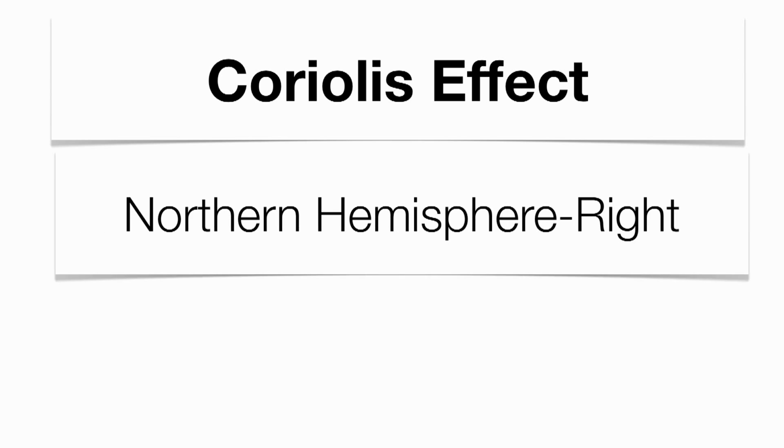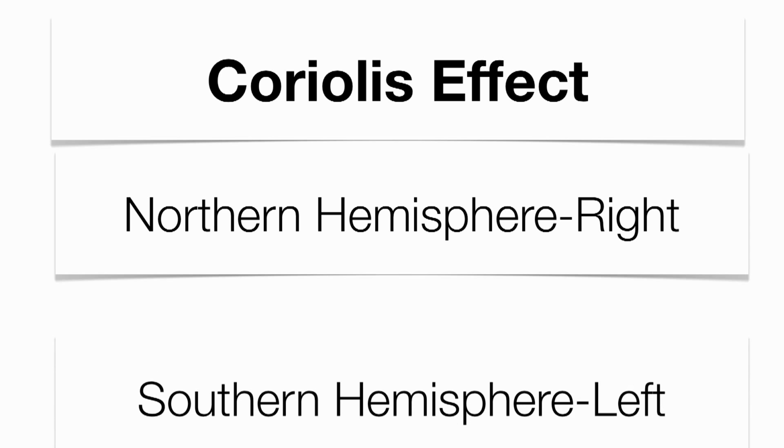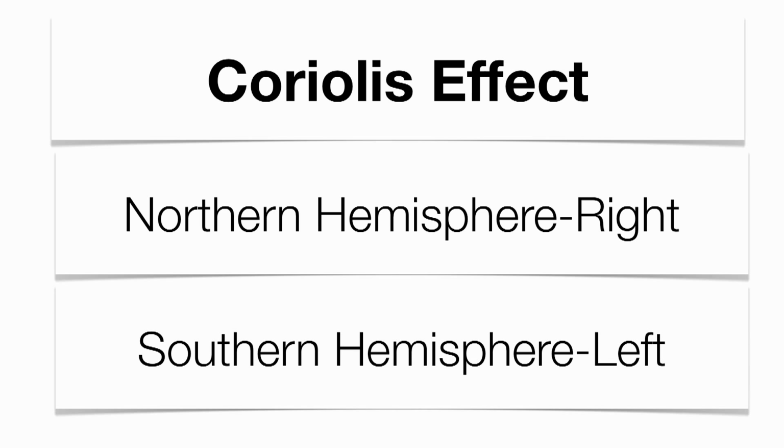Now, the Coriolis effect is important. It was named after Gaspard Coriolis. He basically came up with the idea that anything fluid, our ocean currents and our wind currents, will have some sort of deflection due to our rotation. In the northern hemisphere, things get deflected to the right. In the southern hemisphere, things get deflected to the left.